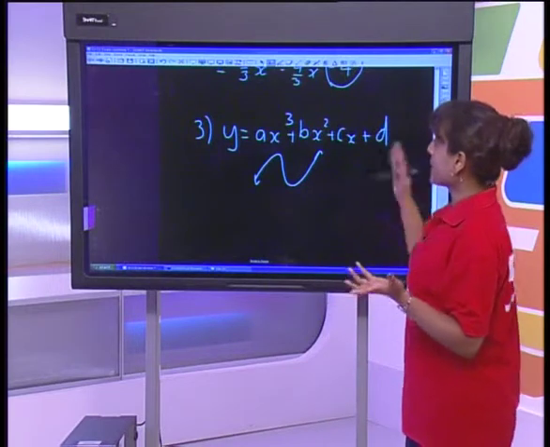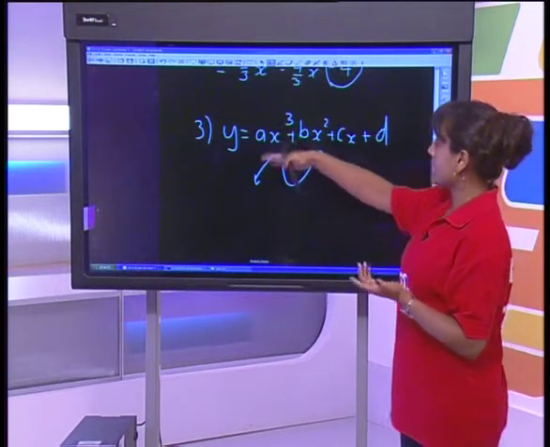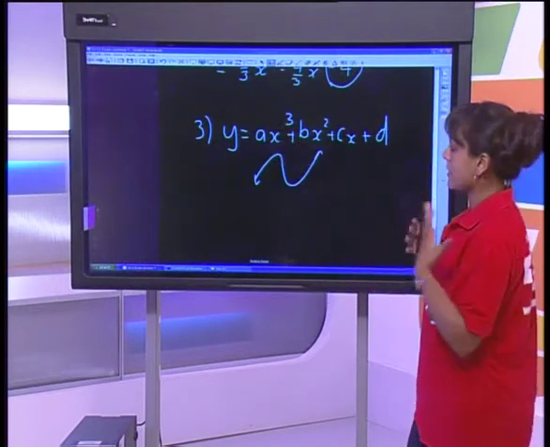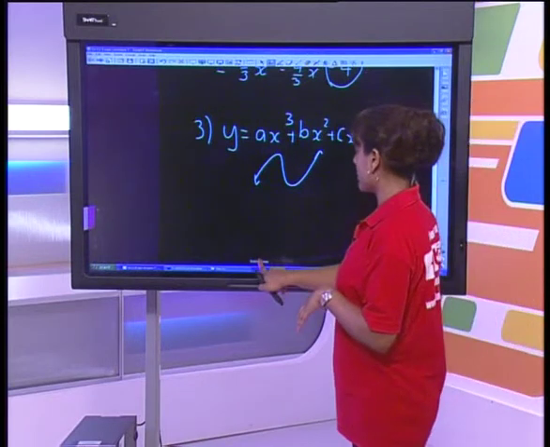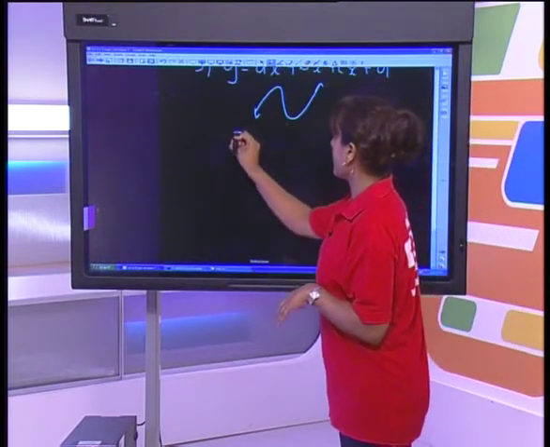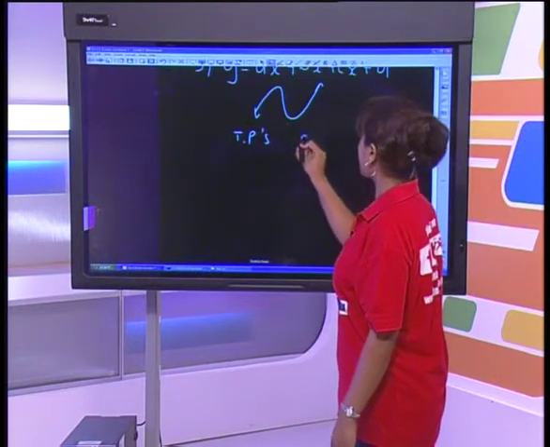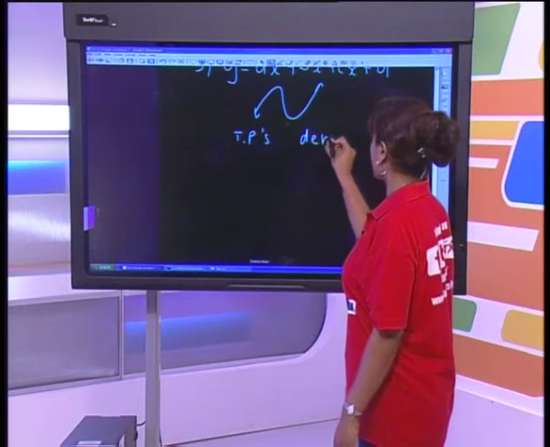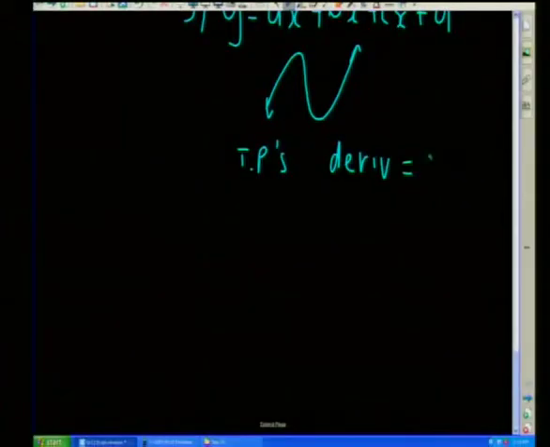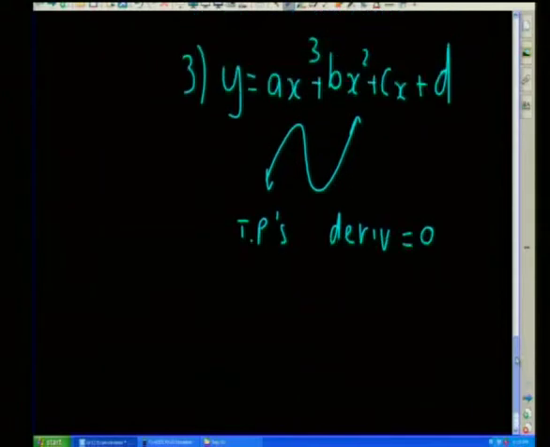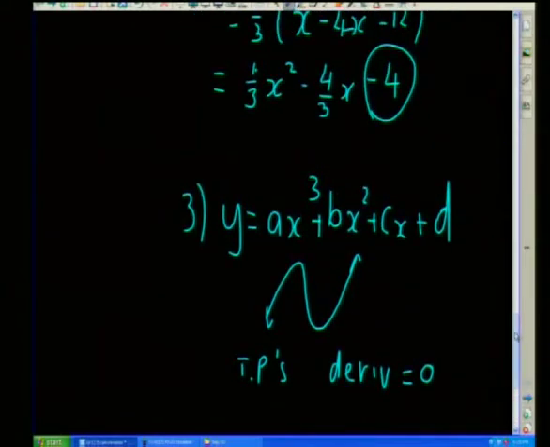So if I knew what A, B, C, and D was, and I asked you guys to find the turning points, then you would say, okay, well, to find the turning points, we say it's where the derivative is equal to 0. Okay, because when the graph is turning at that point, the gradient is 0. So if I wanted to find the turning points, I would say let the derivative equal to 0.